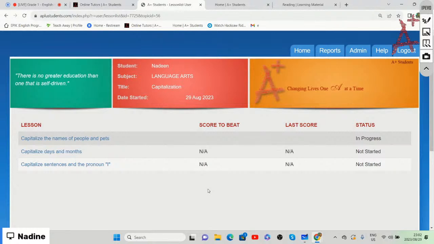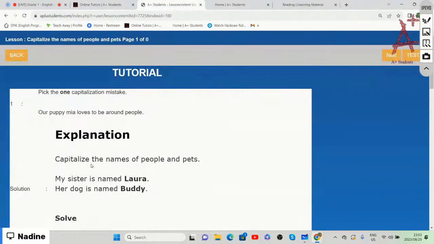So in today's chapter, we're going to be focusing on the lessons of capitalize the names of people and pets, capitalize days and months, and capitalize sentences and the pronoun I. All right, so we're going to start with the first lesson, which is capitalize the names of people and pets.